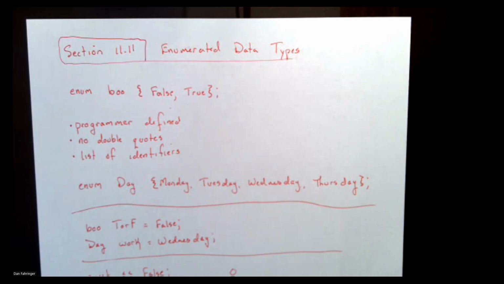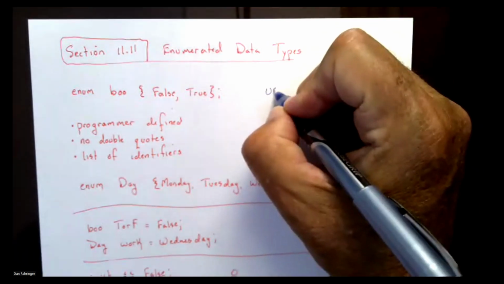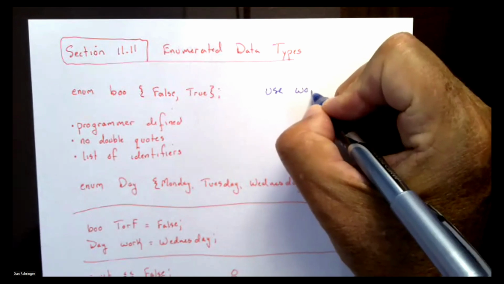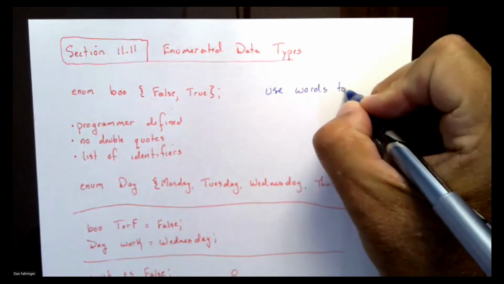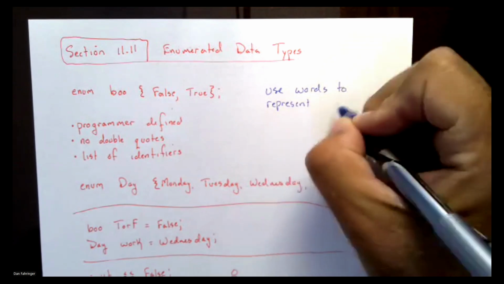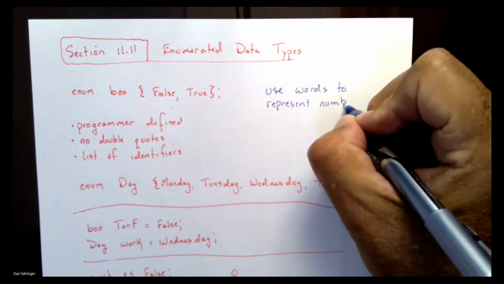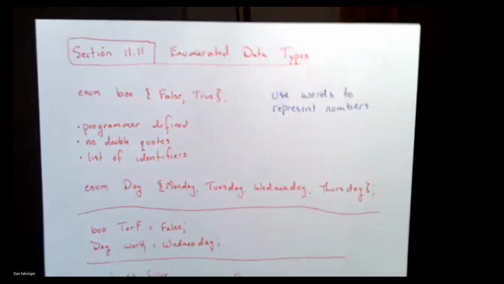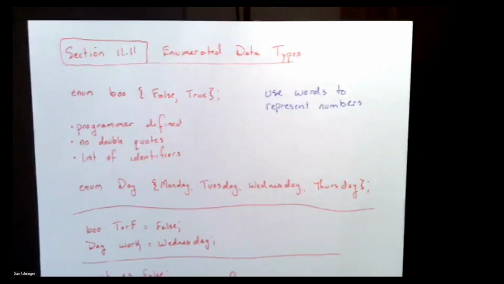Basically, we use words to represent numbers. I'm going to write that down. I like that. Use words to represent numbers. Feeling patriotic today. Look at all that red, white, and blue on here.